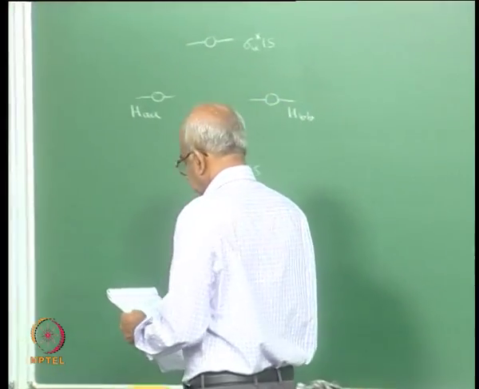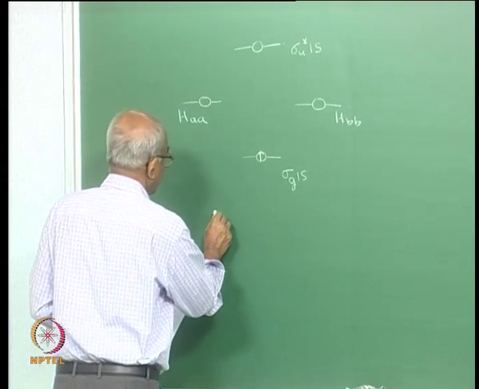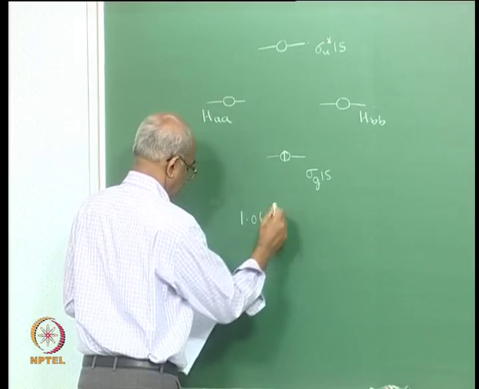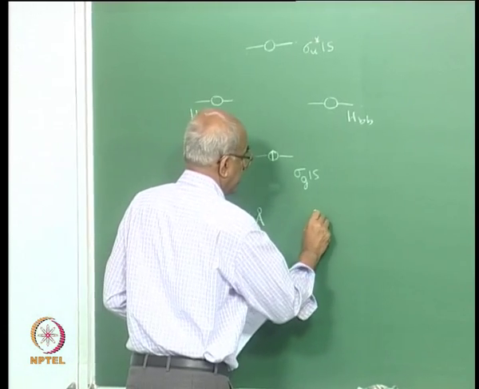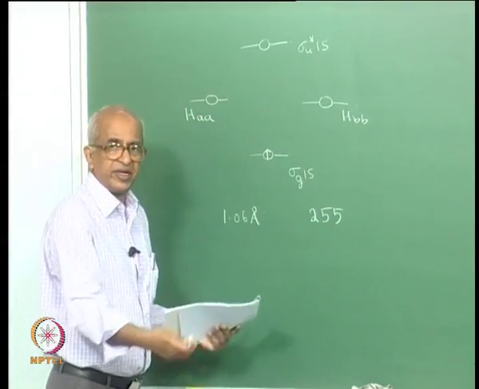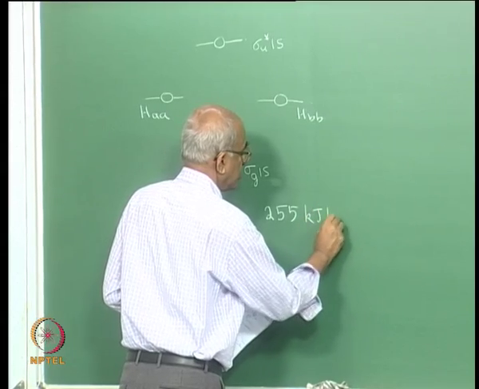In the case of H2 plus, actually I am giving you experimental values. You find that the bond length is 1.06 angstroms, and the energy needed to dissociate, or you can call it bond energy, in the case of H2 plus is 255 kilojoules per mole.